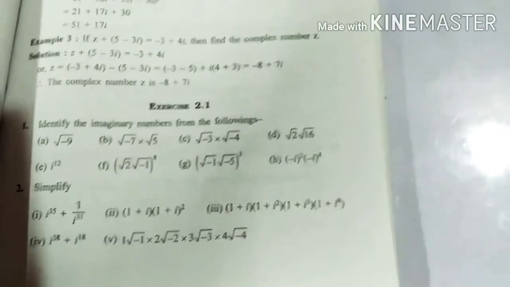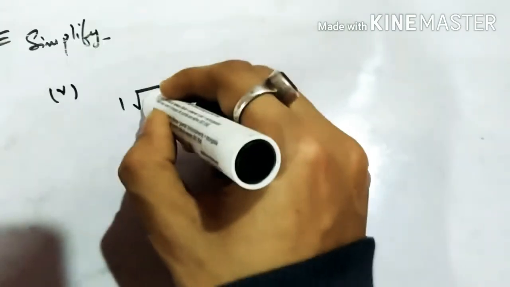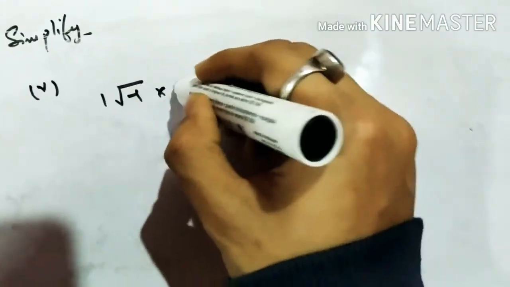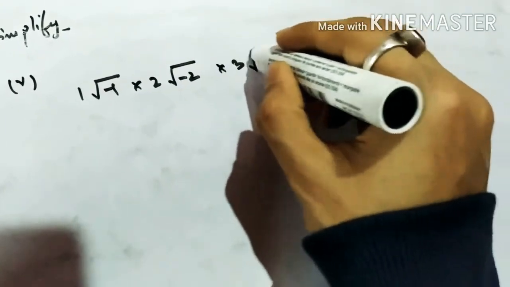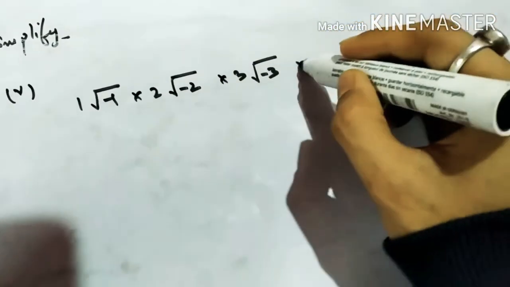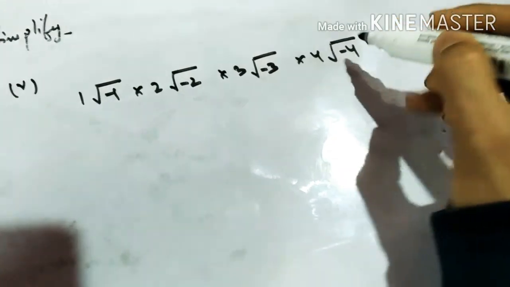Next, number 5: 1√−1 × 2√−2 × 3√−3 × 4√−4.